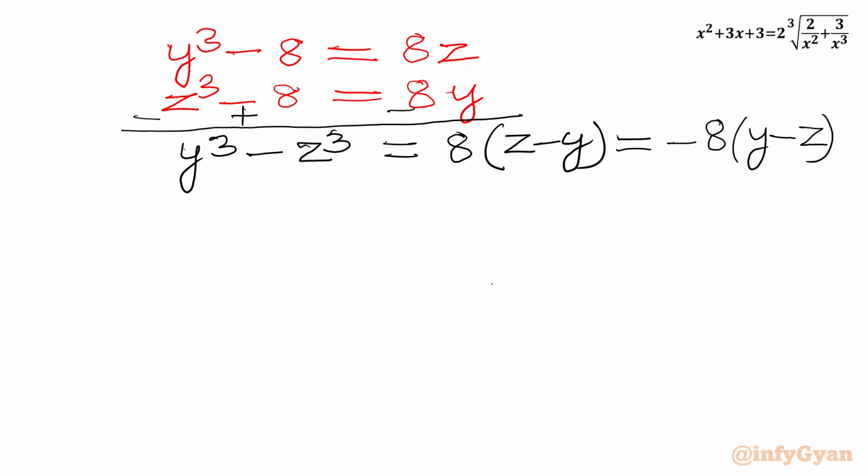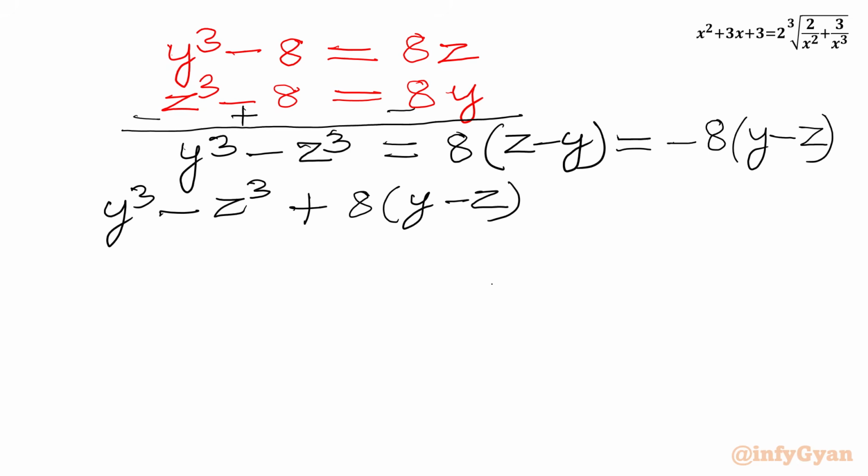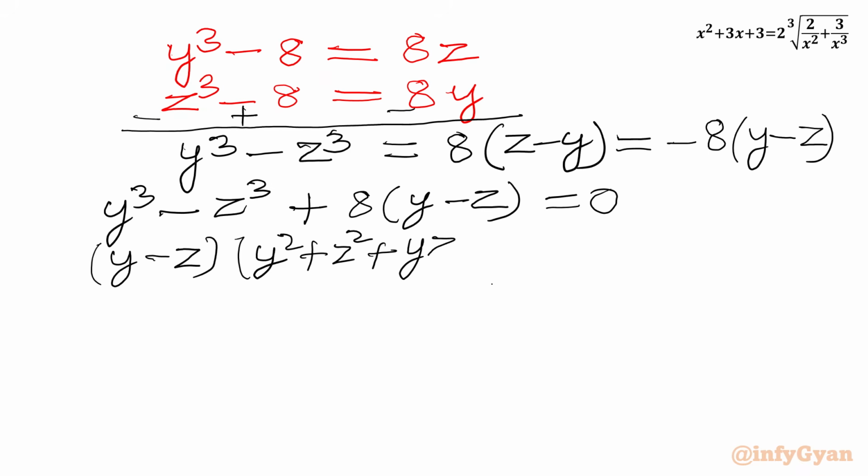After taking minus 1 common from the bracket, we'll write all the terms to one side, y cube minus z cube plus 8 times y minus z equal to 0. We'll use a cube minus b cube formula over here. So y minus z times y square plus z square plus yz plus 8 times y minus z equal to 0.